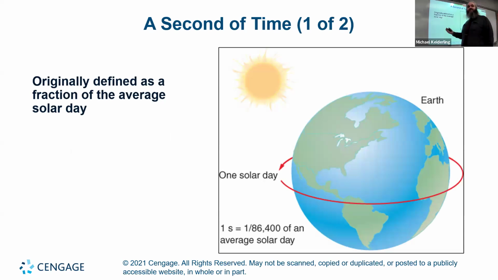The second was originally defined as a fraction of the average solar day. It's called a second because the origin of that term is from first and second.